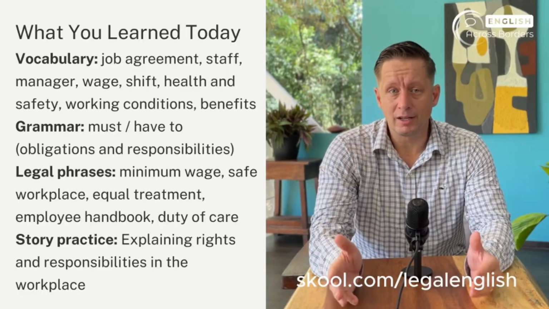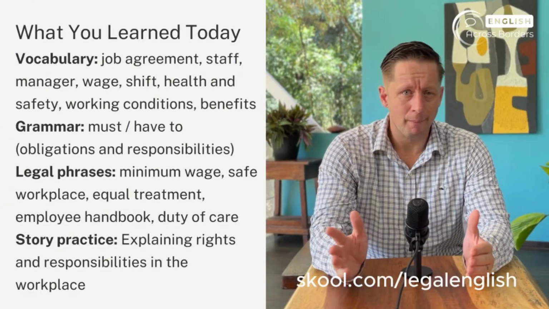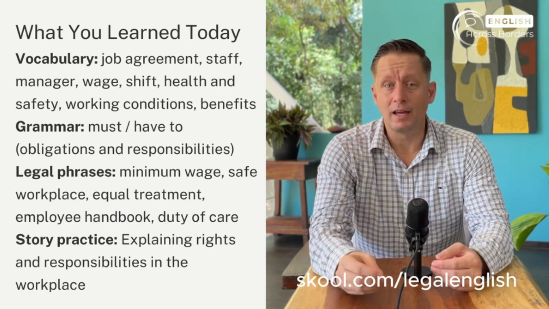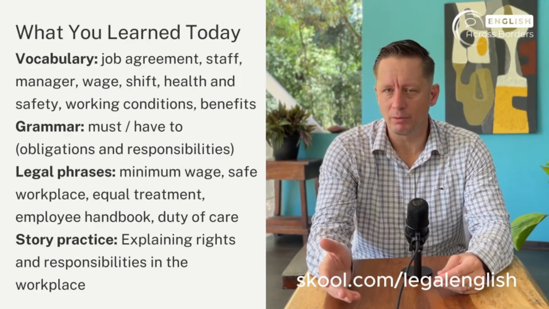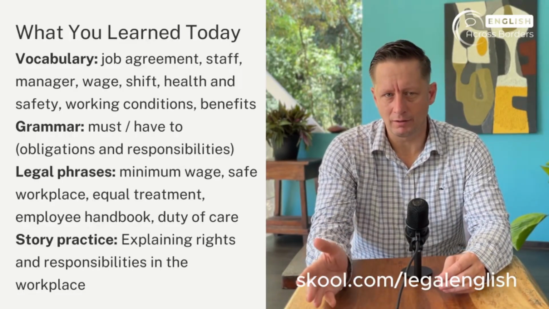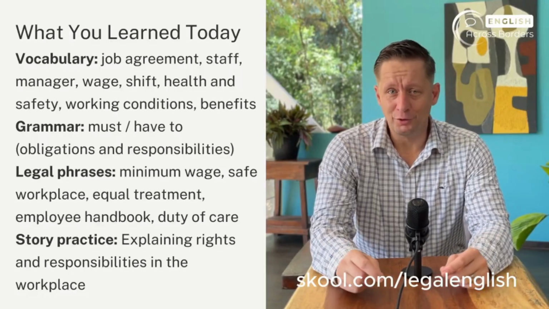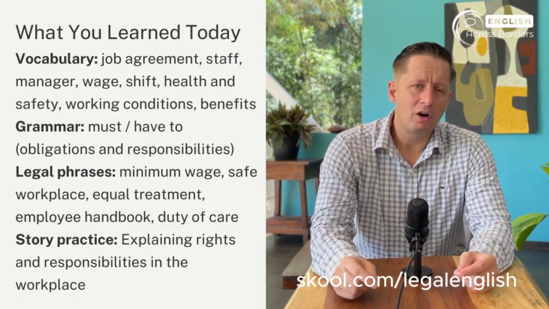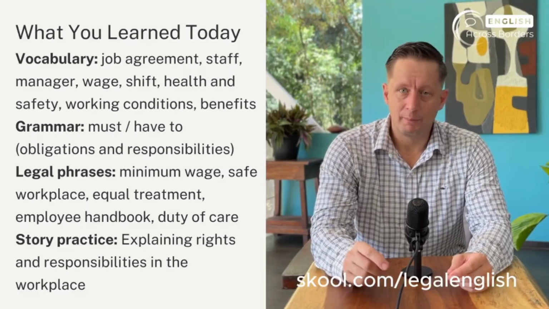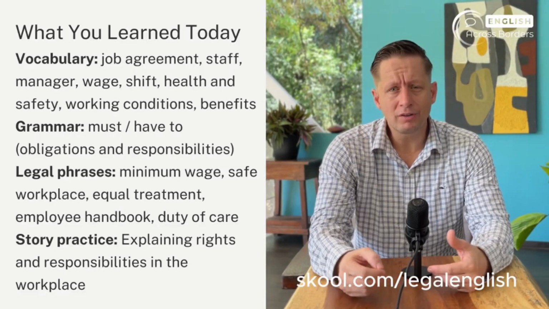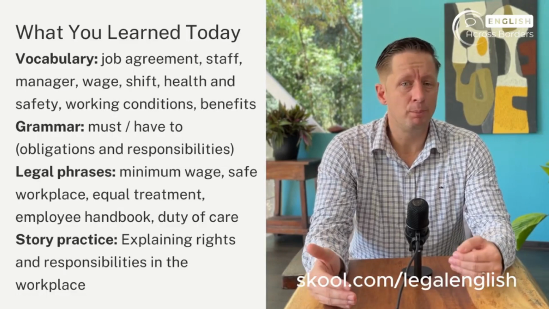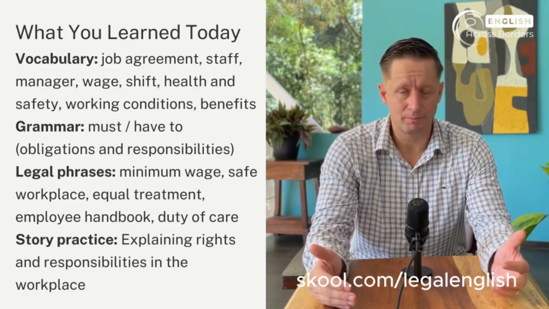Third, you studied important legal phrases: minimum wage, safe workplace, equal treatment, employee handbook, duty of care. Finally, you used a wrap-up story. You saw how workers and employers both have rights and responsibilities. Workers have to follow rules and complete tasks responsibly.